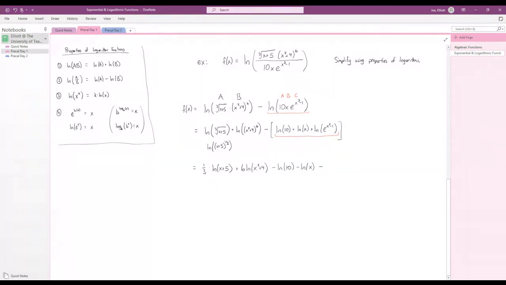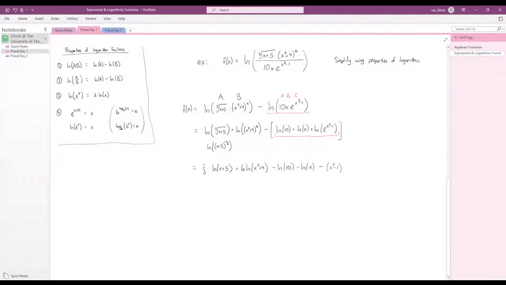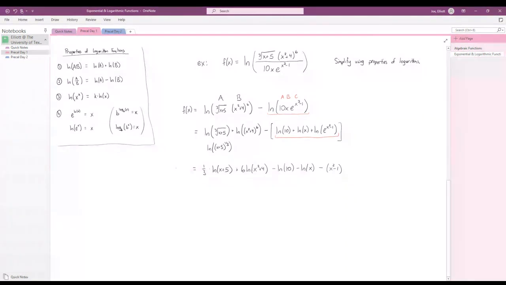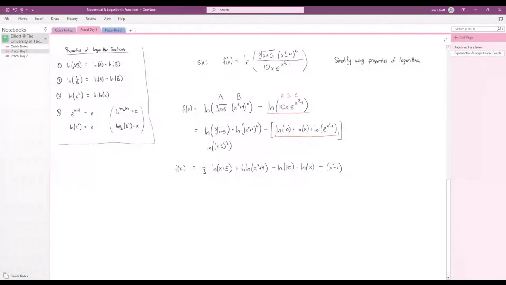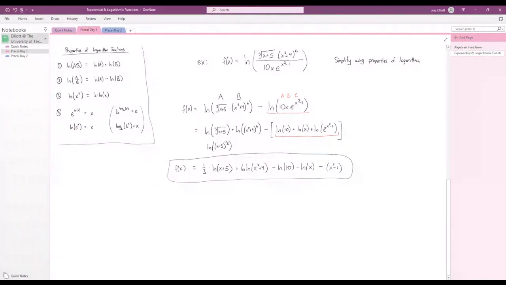They leave you with whatever was in the exponent. So here, when the L and the E cancel, we'd be left with x squared minus 1. And that's being subtracted because of the minus when we distribute into the brackets. At this point, this would be as simplified as we can make our function using those properties of logarithms that I had written over here.